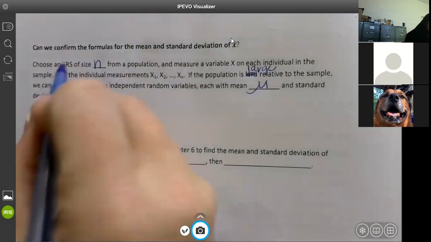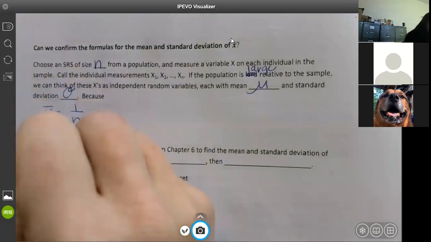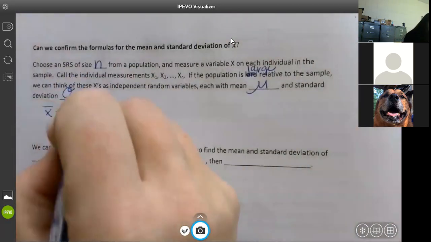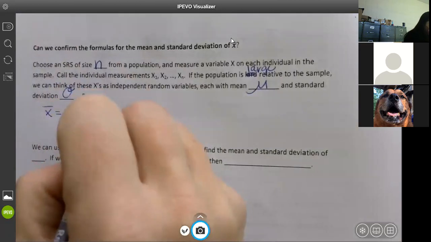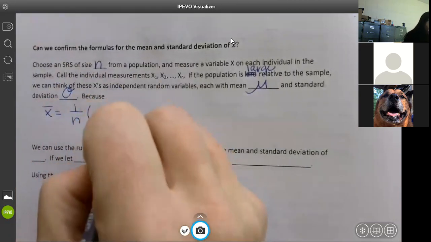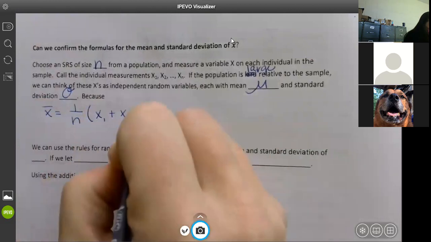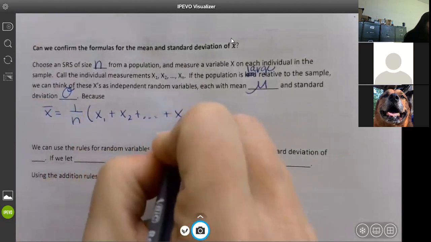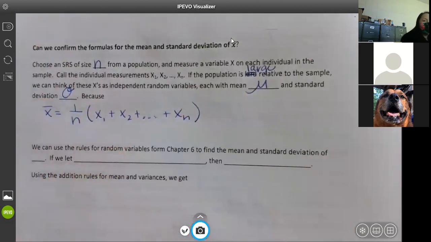Your x bar is going to equal 1 over n times x1 plus x2, all the way to plus xn.